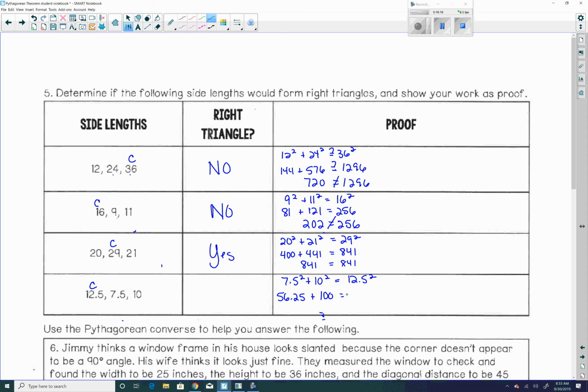And 12.5 squared, I'm sorry, is going to be 156.25. So 56.25 plus 100 is going to be 156.25. And that does equal 156.25. So yes, this one is again a right triangle.